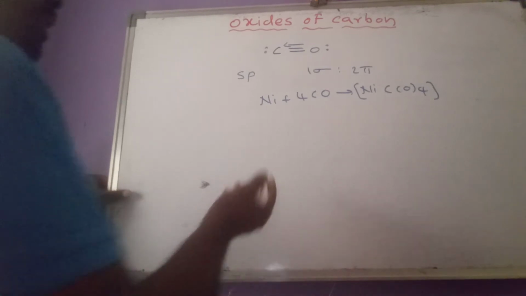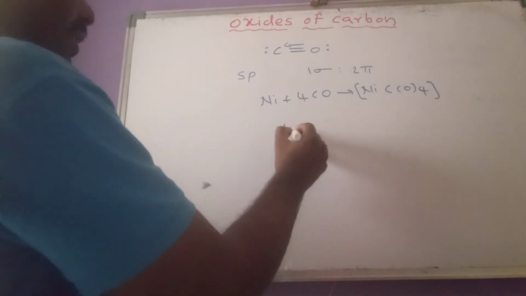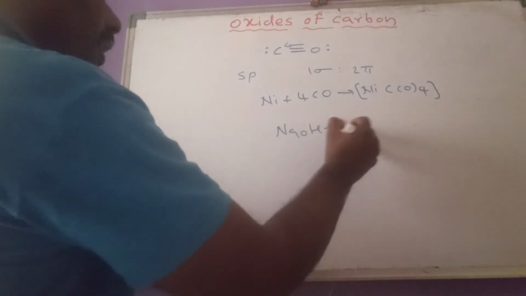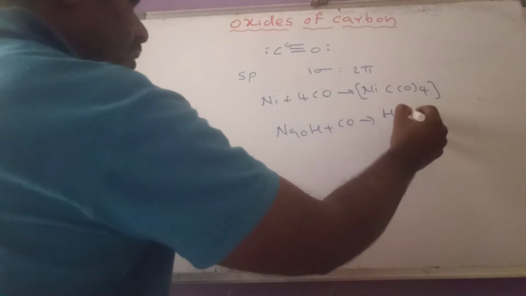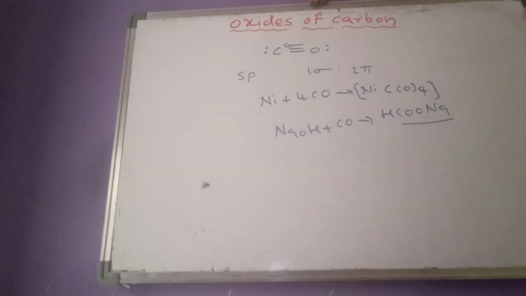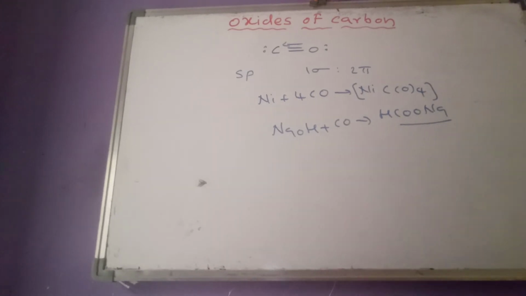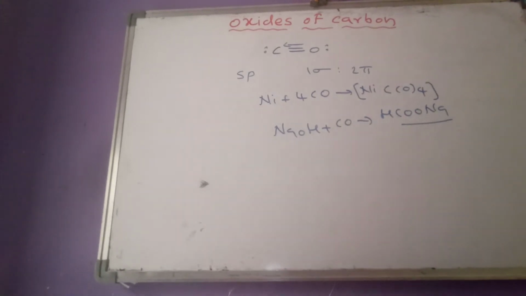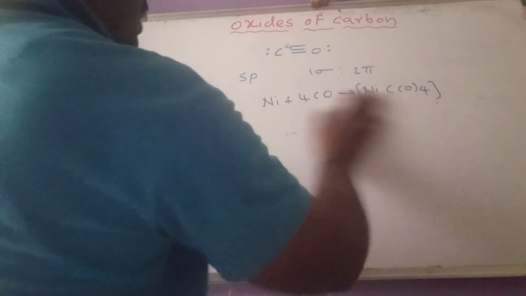And also carbon monoxide reacts with NaOH and produces HCOONa, sodium formate. So these are the properties and structure of carbon monoxide.